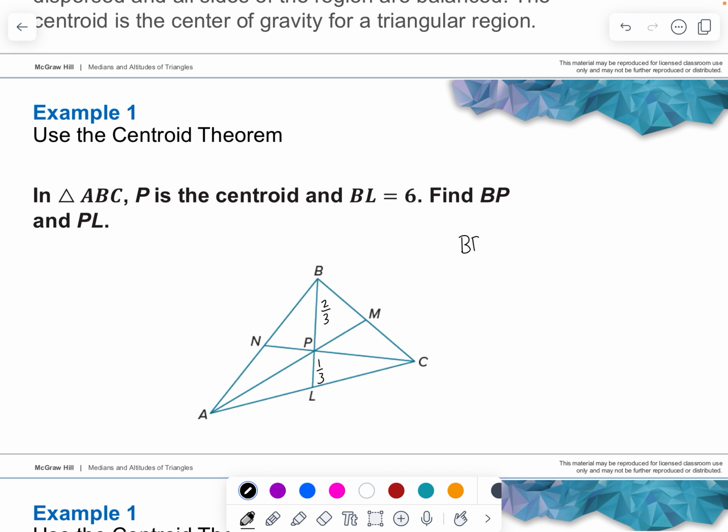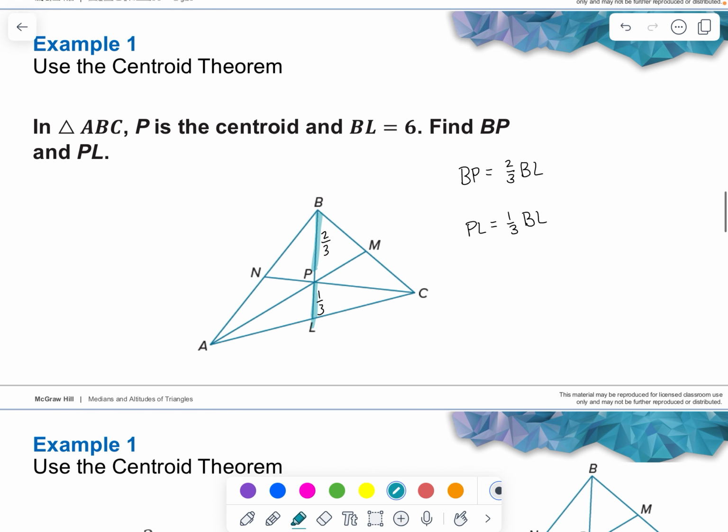So BP will equal 2/3 of BL and PL will equal 1/3 of the whole thing. That's kind of the math we're looking at. So the portion that is near the midpoint is 1/3. The portion that's near the vertex is 2/3.